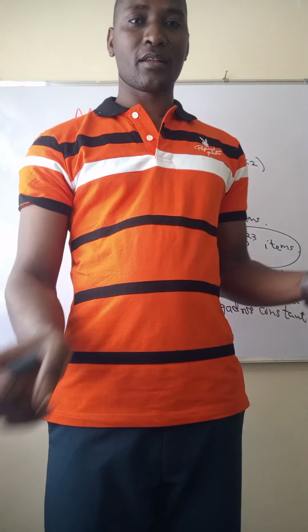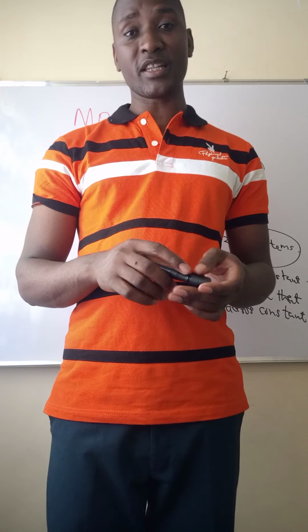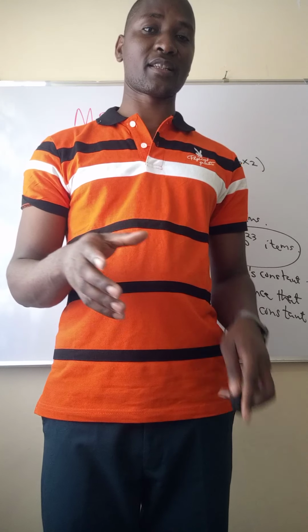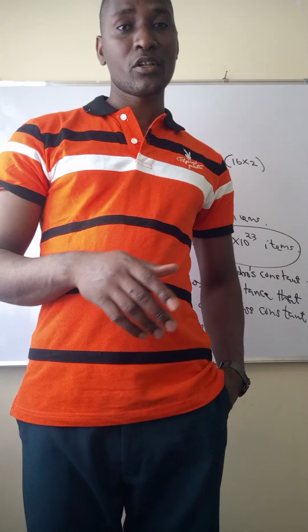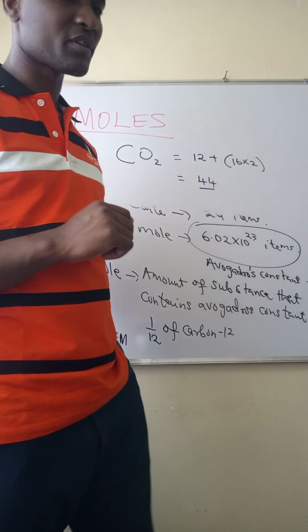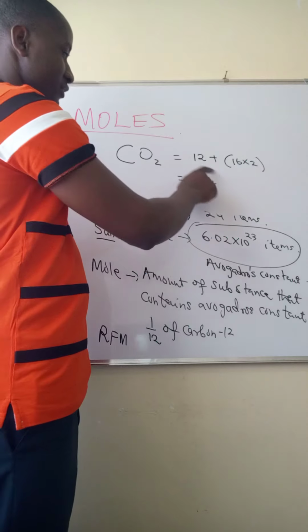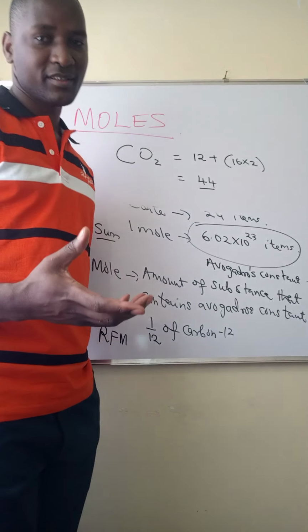So if you are given the atomic mass of any element, you have to know that that particular mass is equivalent to 1 mole. In my next video, I will show you how to relate the relative formula mass and the number of moles.